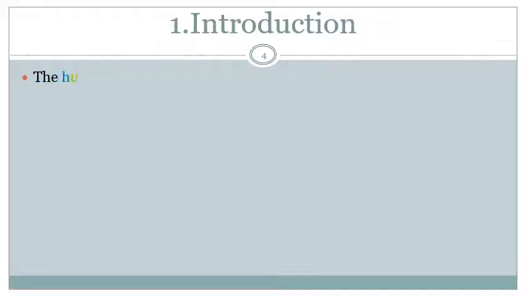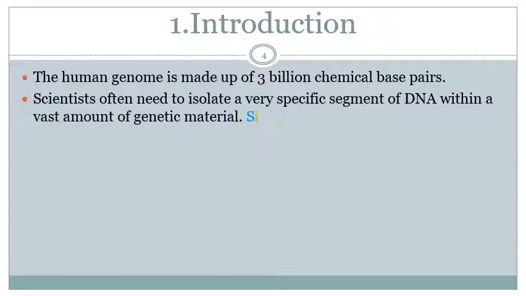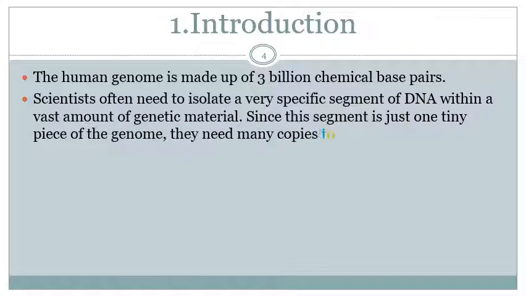First one is the introduction. You know that after the Human Genome Project, scientists said that the human genome is made up of 3 billion chemical base pairs, in the form of A, C, T, and G. Scientists often need tiny segments of DNA because, as we know, DNA is a very, very large material.